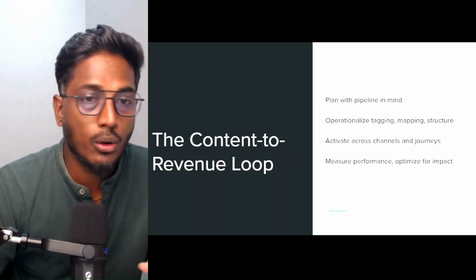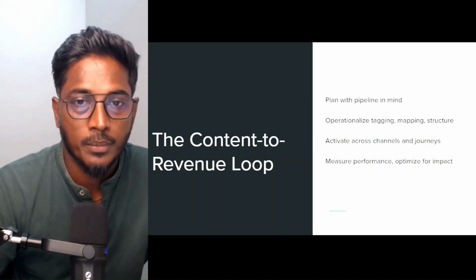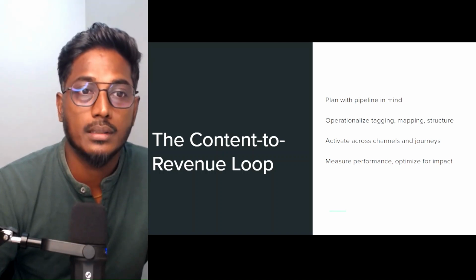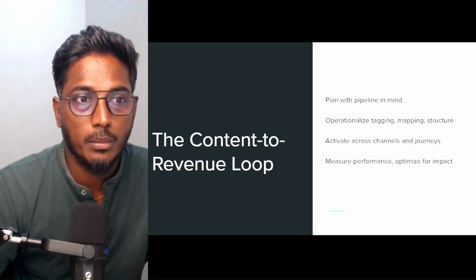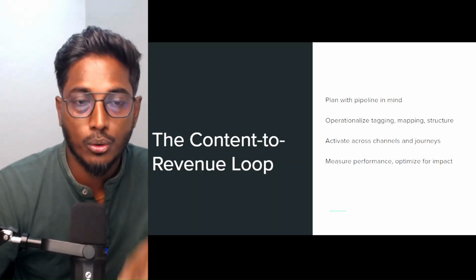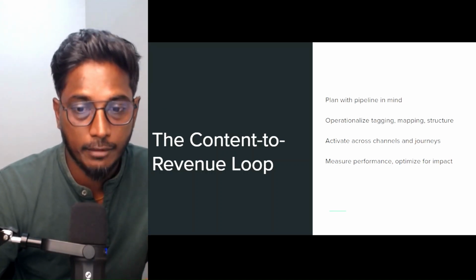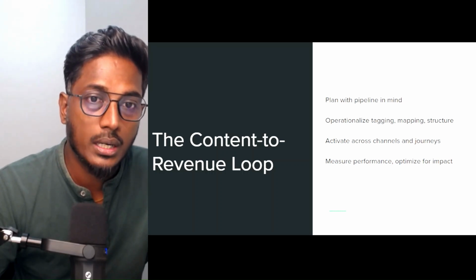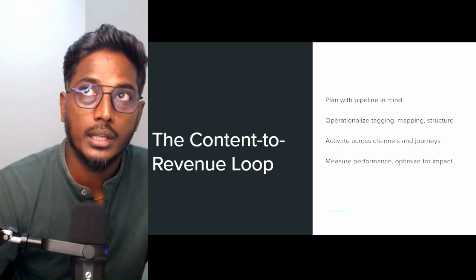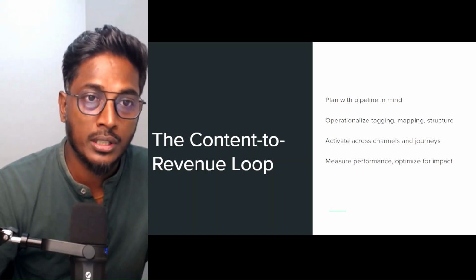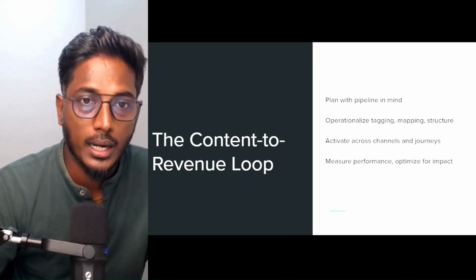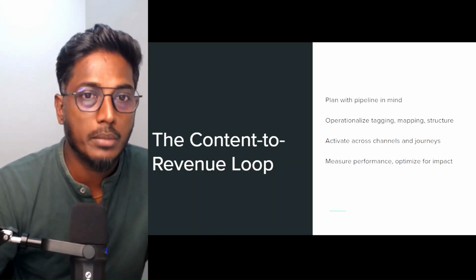But if you take a look at high performing organizations, where marketing is a pipeline machine, not just a cost center, content is not just a deliverable, it's a demand engine. They see it as an engine for demand. It creates the demand, and like any engine, it needs the right parts, the right fuel, and a clear route to drive measurable outcomes.